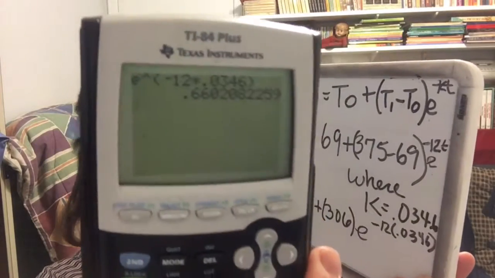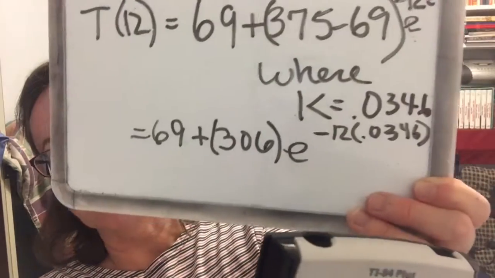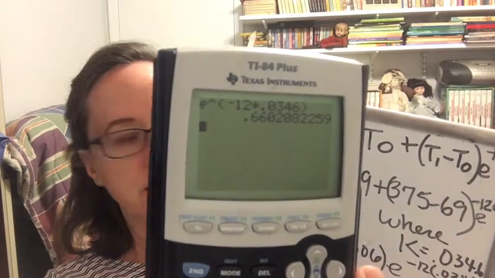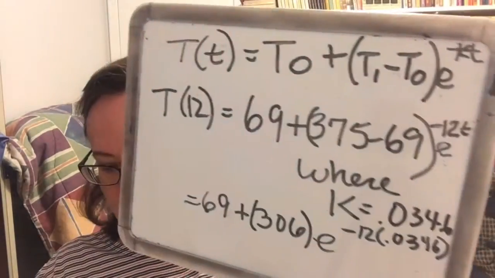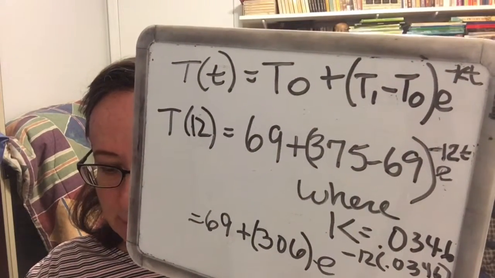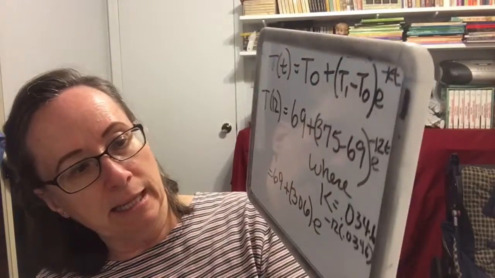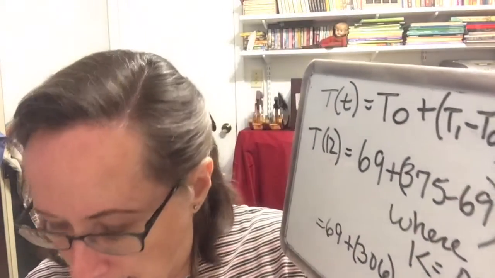So I put that in my calculator because I'm trying to work on this. Okay, so now I've got the e part. So now I'm going to multiply that by the 306. So times 306. And then I'm going to add that to the 69.